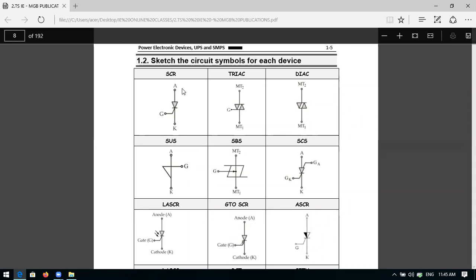The terminals are MT1 and MT2, main terminal 1 and main terminal 2, and a gate terminal. You have to take gate here. So 2 diodes are connected back to back. Next one is diac. Diac is a diode AC, only a 2-terminal device, MT1 and MT2, and you can interchange these terminals MT1 and MT2.